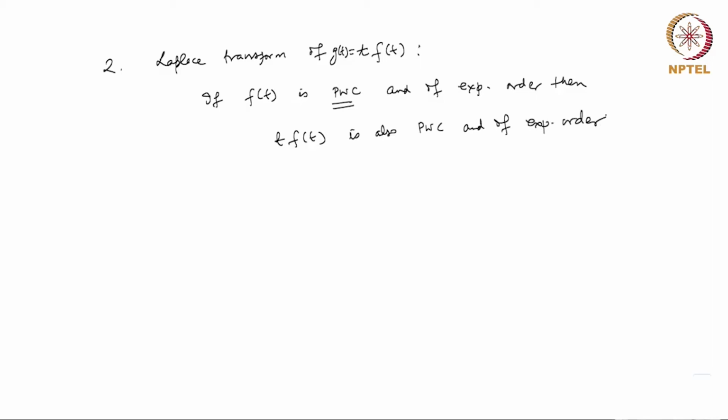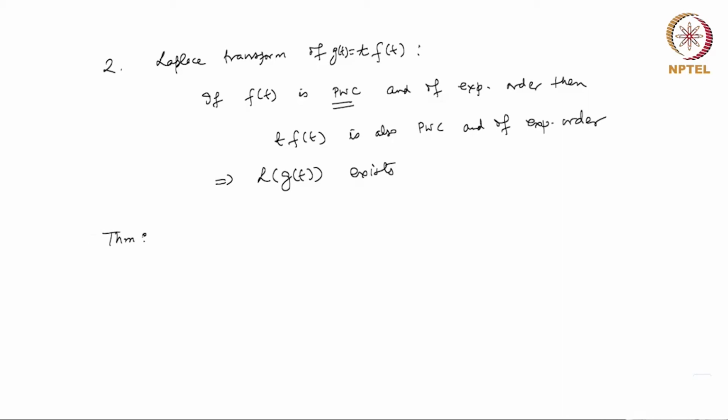So we know from the sufficient condition for Laplace transforms that the Laplace transform of g(t) exists, and now we will try to give a formula in terms of the Laplace transform of f(t).